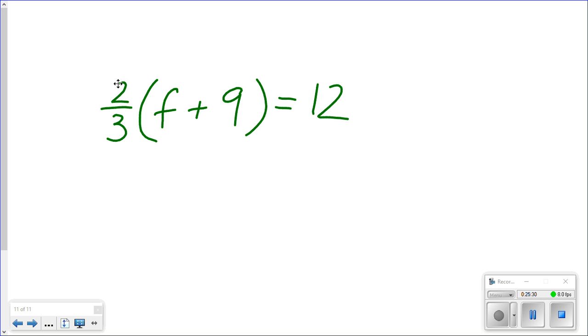Now, just so you know, I did it so these go together well. You might have a 2/3 in, I don't know, 14 minutes, and it's not going to be a whole number. It's a fraction. Just so you're aware, that could very easily happen.